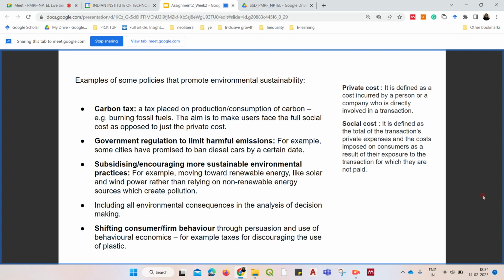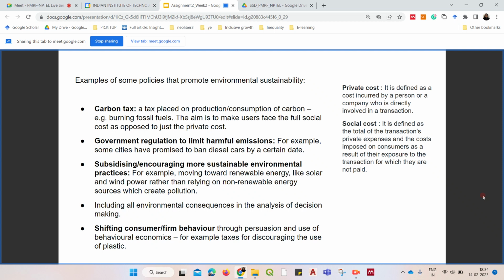And then last is trying to shift consumer behavior through persuasion and the use of behavioral economics. So an example for this would be, you might know that Norway has a lot of oil reserves, but Norway is trying to reduce the usage of oil or people's dependence on oil for transportation purposes.